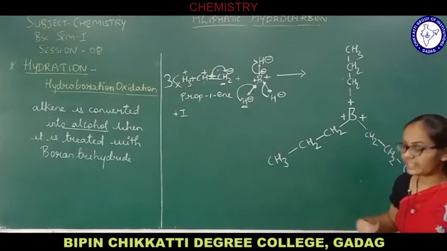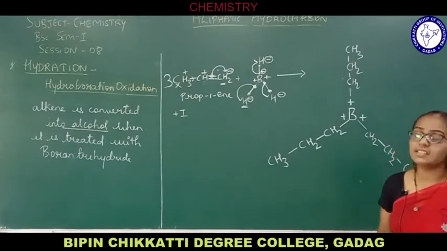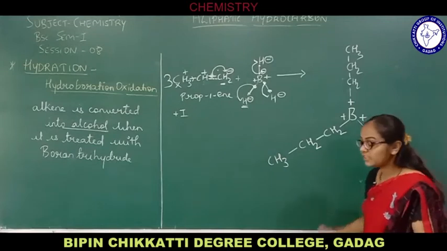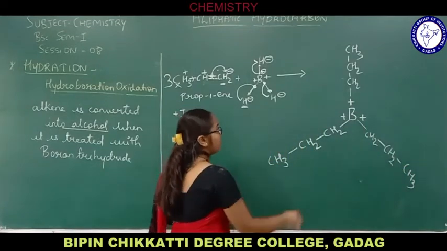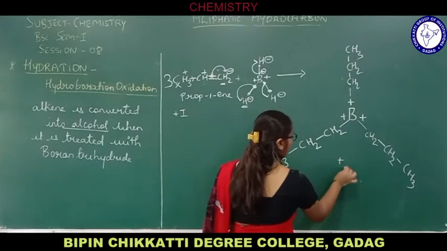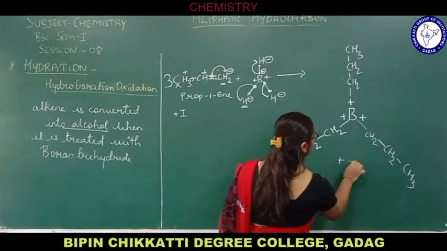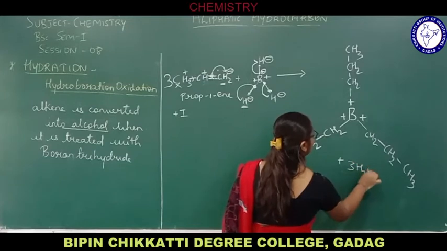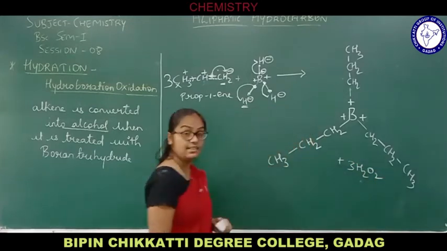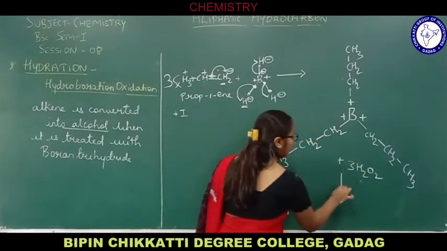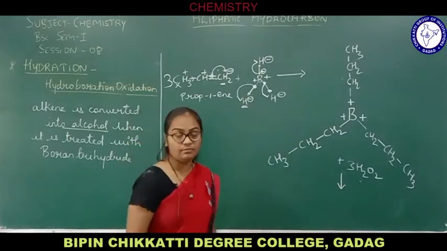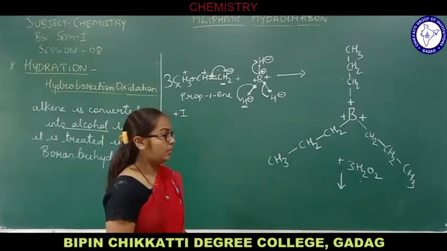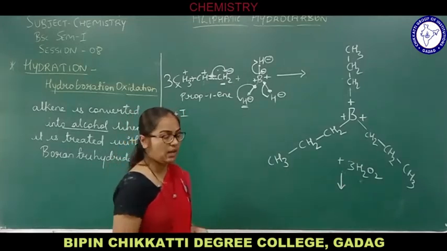Now in the second step, what will happen? The oxidation process will happen over here. In the second step, we are going to add 3 molecules of hydrogen peroxide to this product which has been formed, which is the intermediate one.